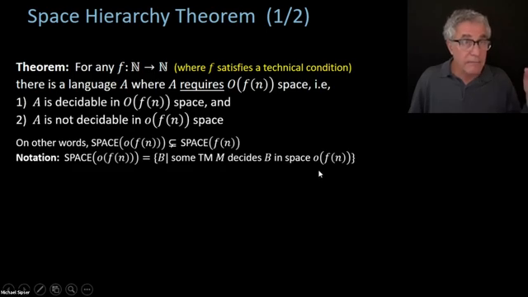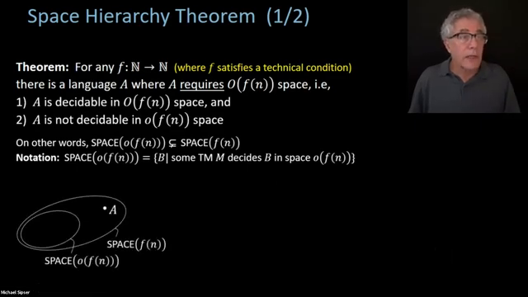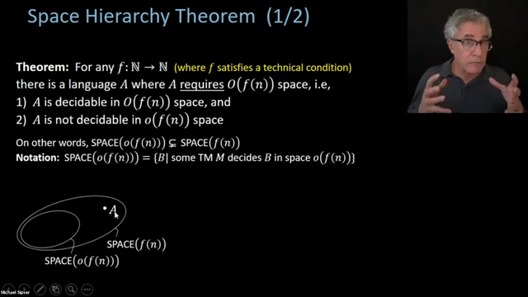So space little o of f of n is properly contained within space f of n. In other words, there's something here which is not in there. Pictorially, I'm going to exhibit some explicit language A, which I can do in this much space, but not in any less.